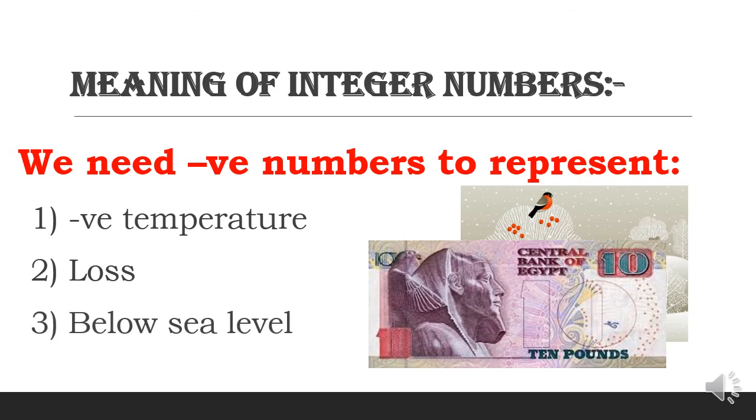Number 3, the sea level is 0. If we go deep in the sea, that means we have a negative number because the sea level is 0 and we go deep, then we go less than 0.